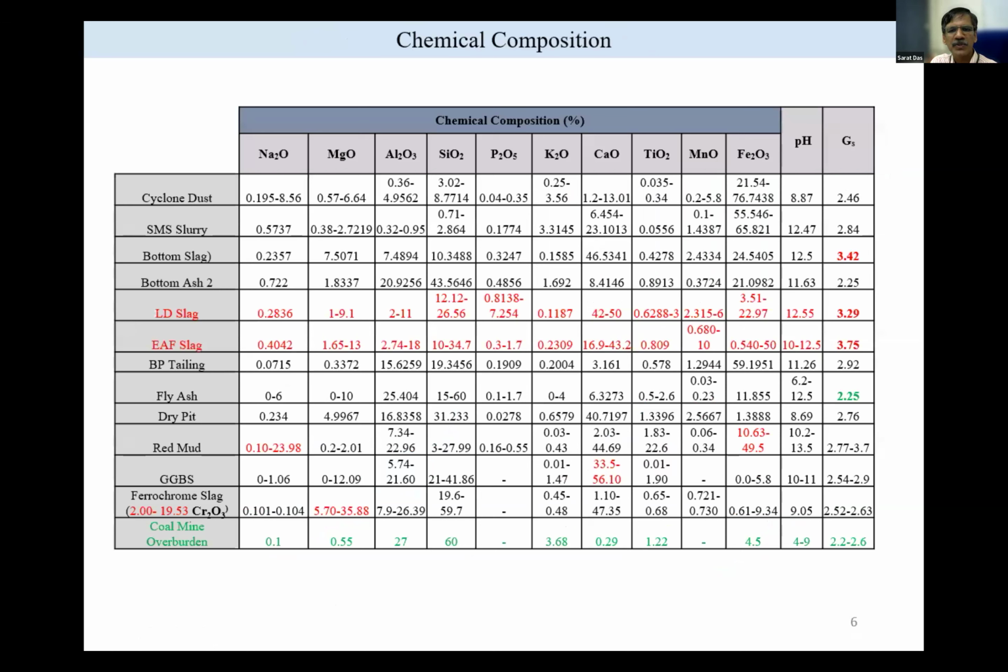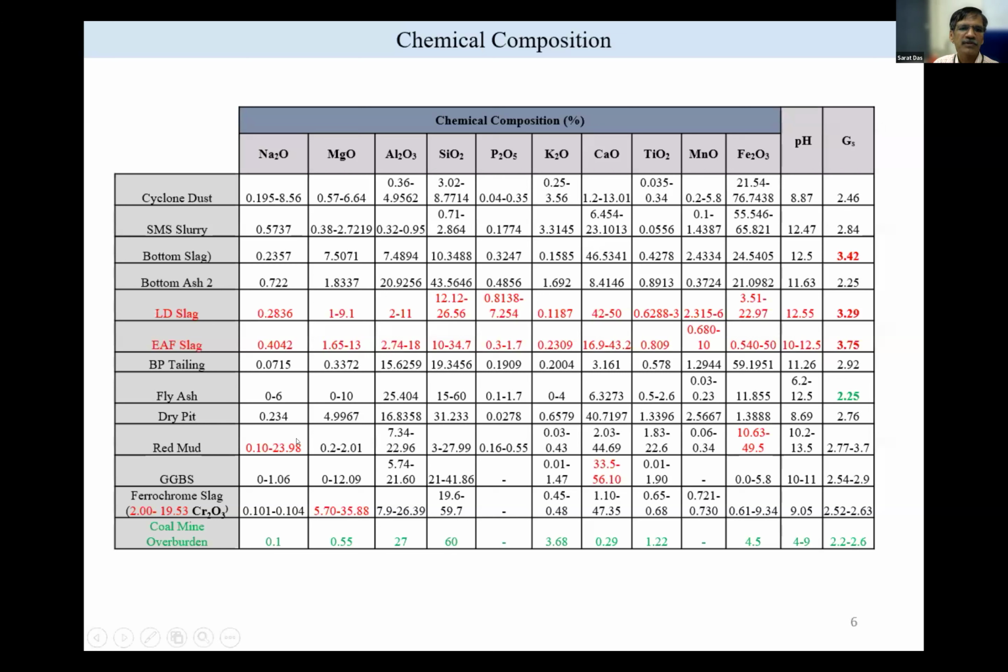When I come to industrial waste in general, I have shown you one chemical composition, being a geomaterial. First, we need to know the chemical composition. Accordingly, waste is divided into hazardous and non-hazardous. My topic will be concentrated on non-hazardous waste. One of my topics is coal mine overburden, and the others are fly ash and red mud.